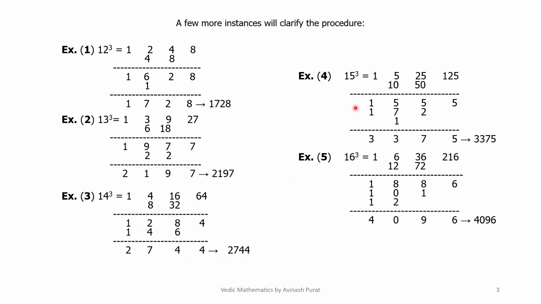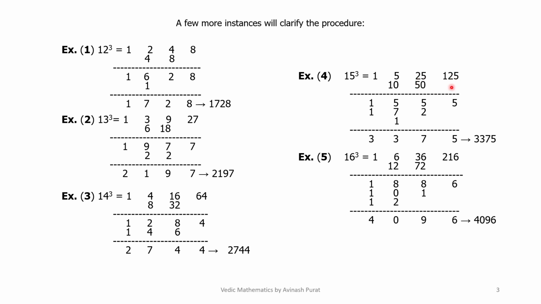Fourth example, 15 cube. Again the cube of 1 is 1 and the ratio is 5 to 1. So 1, 5, 25, 125. Second digit 5 multiplied by 2 is 10. Third digit 25 multiplied by 2 is 50.